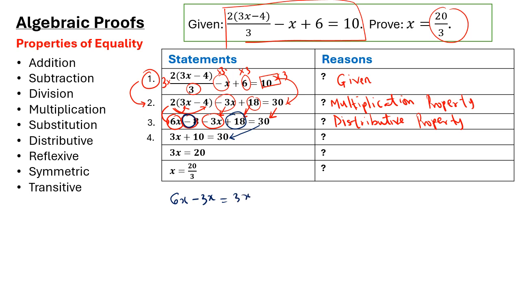So this is not adding 3 to both sides or subtracting 3 from both sides. So this is not it. You have negative 8 combined with 18 giving 10. So we are not subtracting from both sides or adding to both sides. What we're simply doing here is replacing, and replacing means substituting.